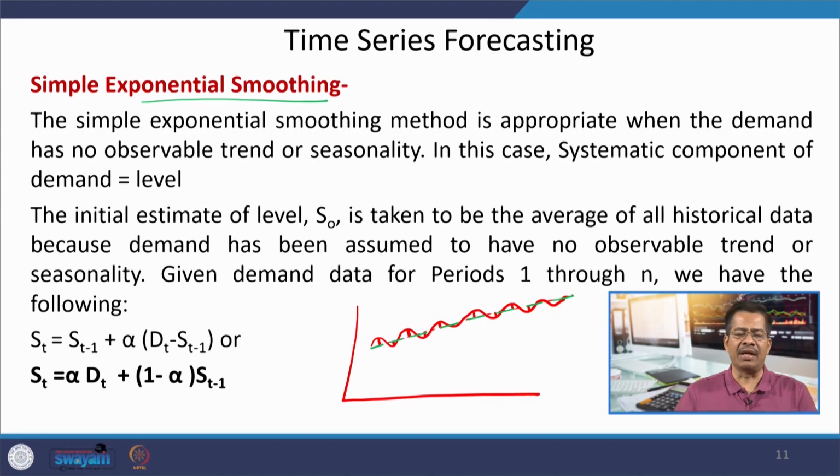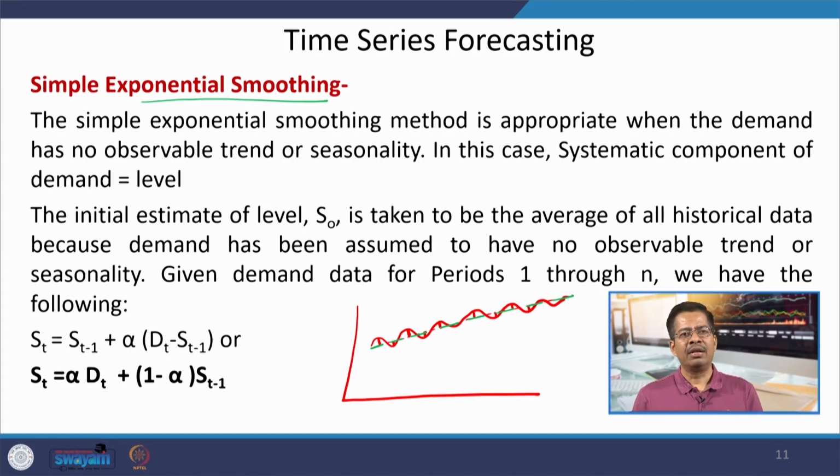We will be discussing in our next class how different types of exponential smoothing methods are possible, starting with a very simple case of exponential smoothing where there will be no trend, no seasonality, and slowly we can build complexity, that you may have trend also, you may have seasonality also, additive, multiplicative trend, multiplicative seasonality.